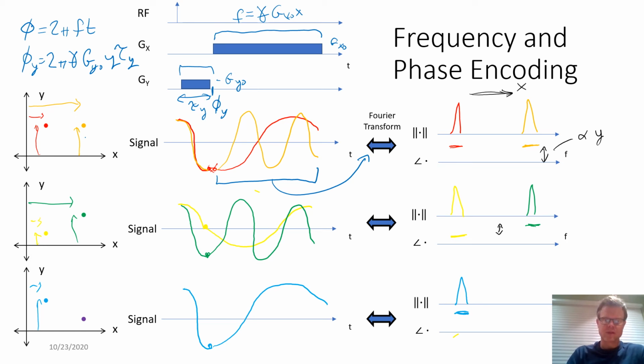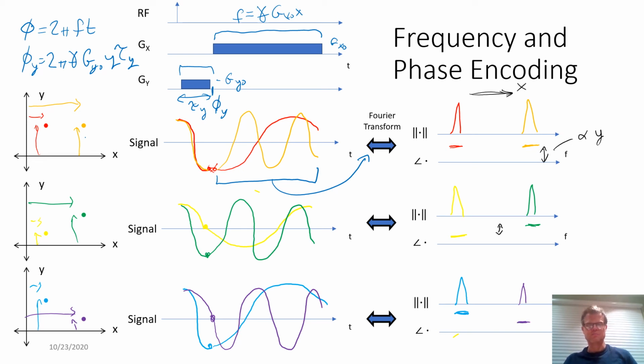And the purple object has a low phase accumulation but a high frequency. So the purple object would show up at the high frequency, but with a lower amount of phase accumulation.